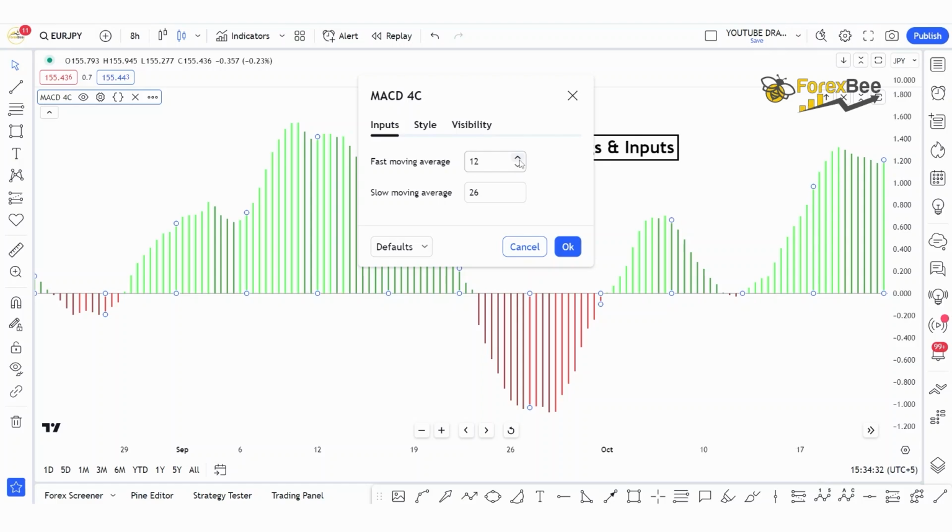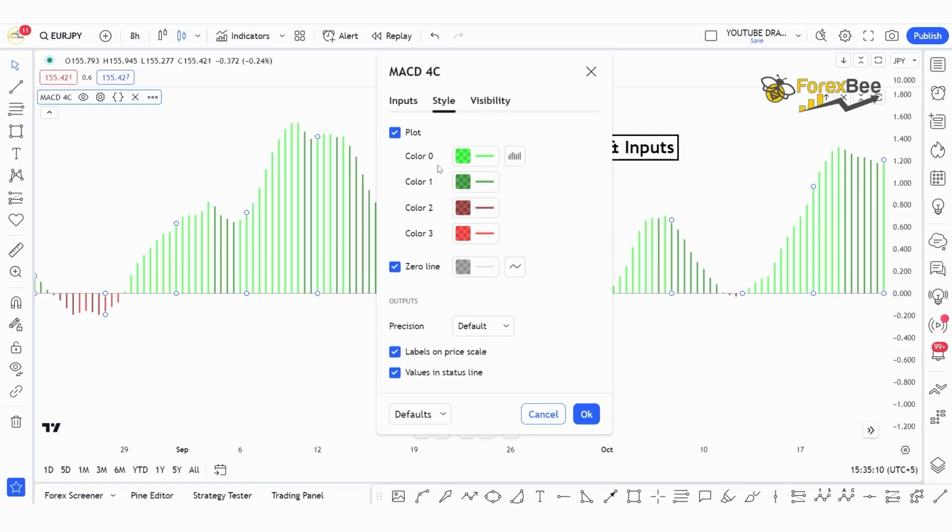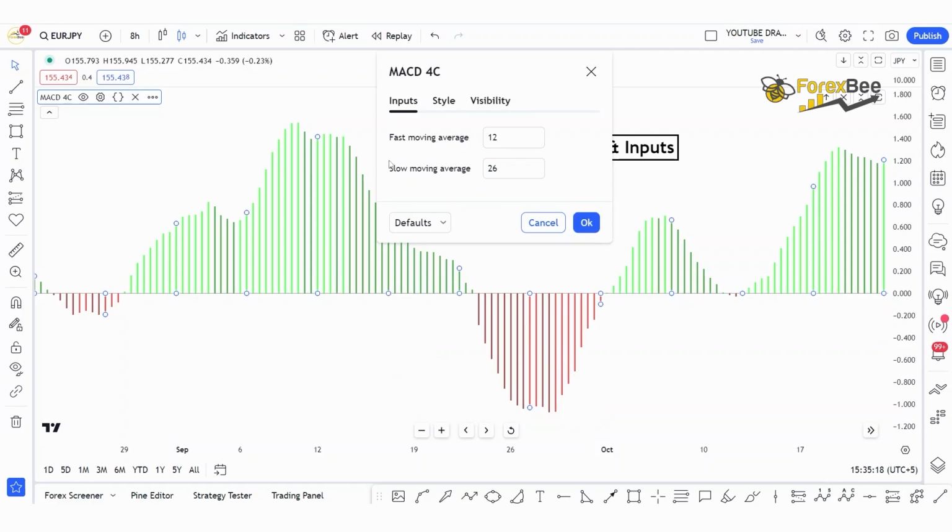Yes, you can change this setting here, but it is not recommended to change these settings, because if you change them, the indicator can experience some lagging in real-time trading, and you can miss several opportunities in a trading session. So as far as the colors are concerned, you can always change them according to your ease and user experience, but it is not recommended to change the moving averages input.